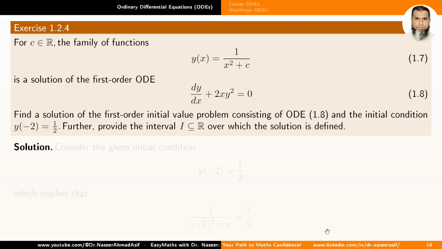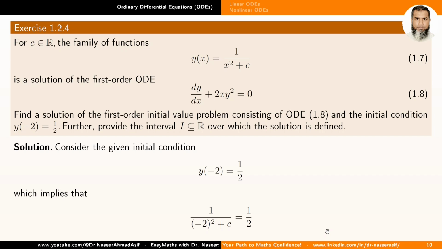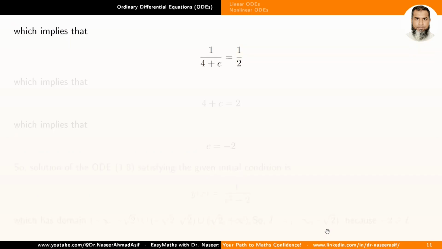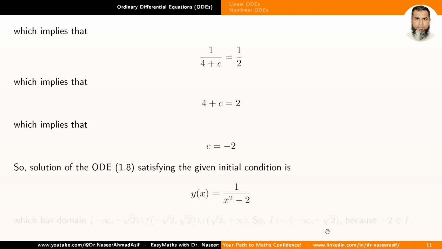Let's see the solution. Consider the given initial condition y of minus 2 is equal to 1 by 2. So we have 1 over minus 2 square plus c is equal to 1 by 2. So we have 1 over 4 plus c is equal to 1 by 2. So 4 plus c is equal to 2. So c is minus 2. So the solution of the ODE 1.8 satisfying the given initial condition is y of x is equal to 1 over x square minus 2.